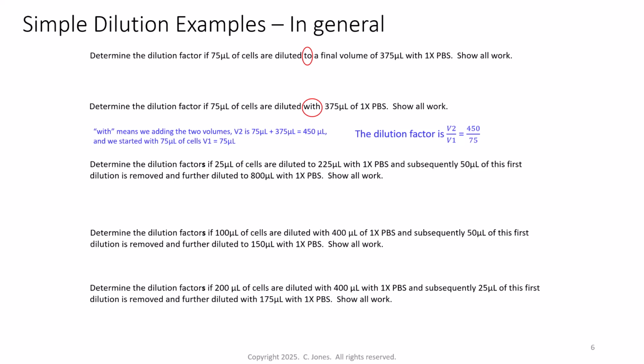Now the next one is when we had to do multiple dilutions. So it says determine the dilution factors, plural, if 25 microliters of cells are diluted to 225 microliters with 1x PBS, and subsequently 50 microliters of this first dilution is removed and further diluted to 800 microliters with 1x PBS.